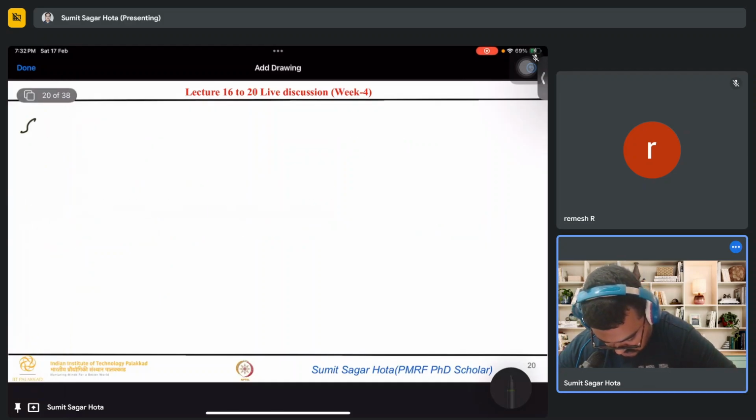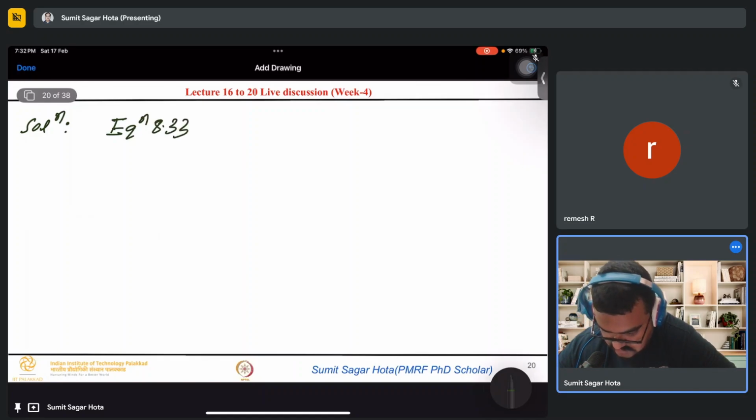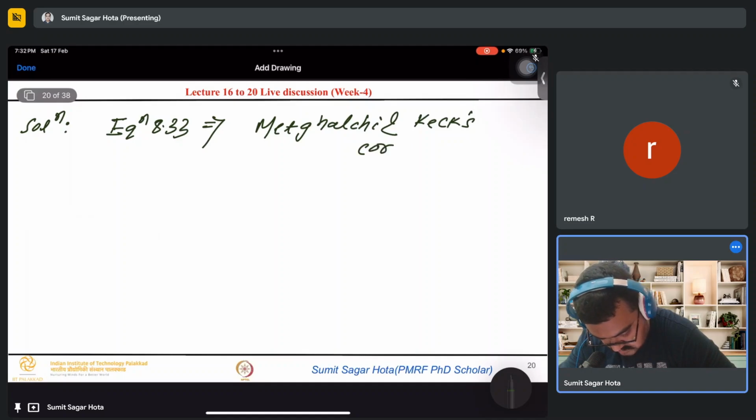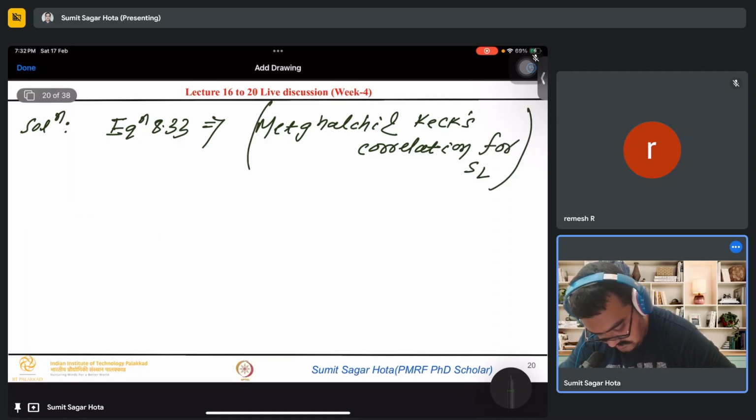So, coming to the solution. Equation 8.33 is the Metghalchi and Keck correlation for laminar flame speed.